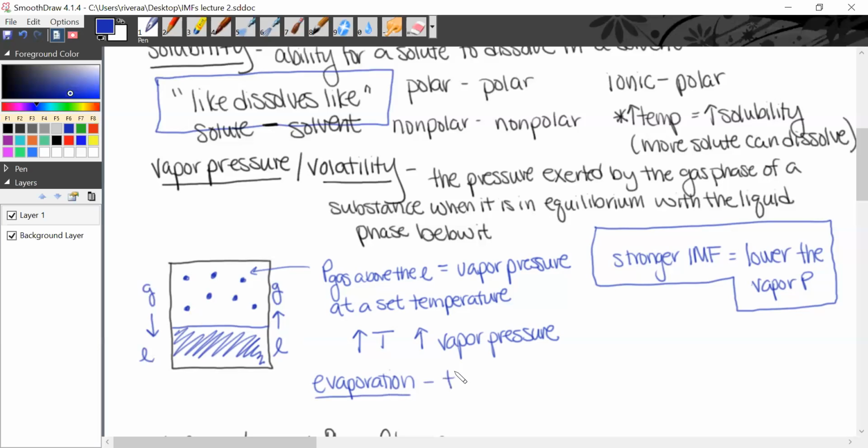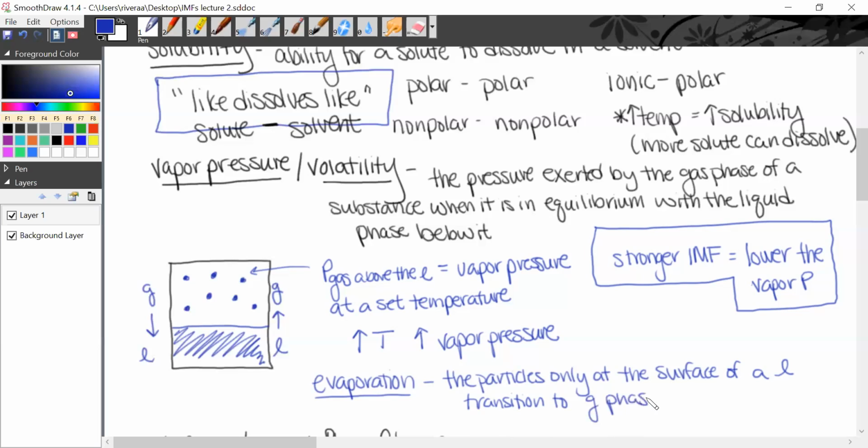Okay, so evaporation is when the particles at the surface of a liquid transition to the gas phase.